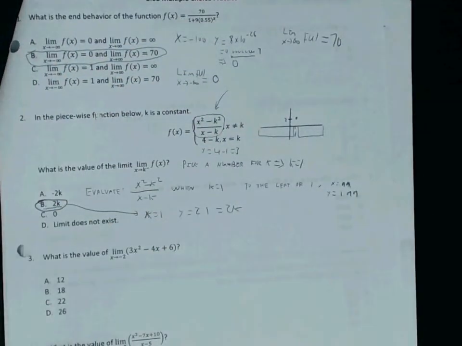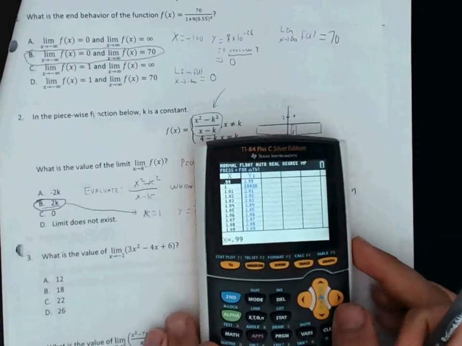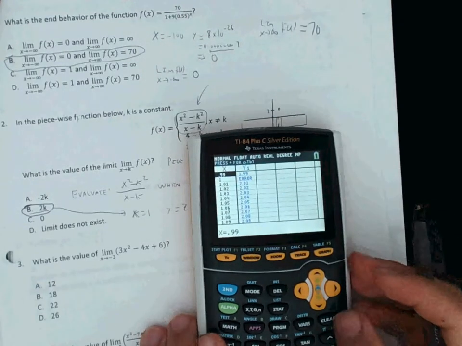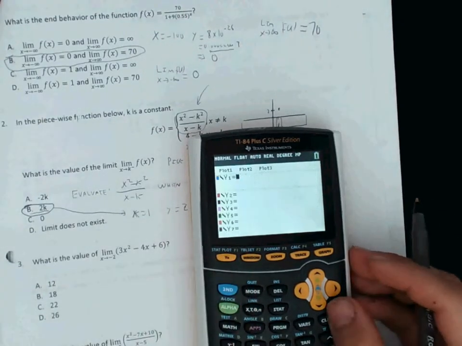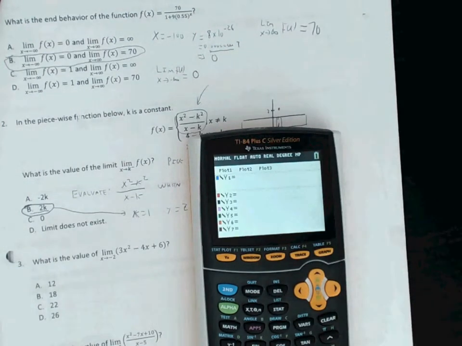Okay, so that's number 2. What is the value of the limit as x approaches negative 2 of 3x squared minus 4x plus 6? Well, we have 3x squared minus 4x plus 6.